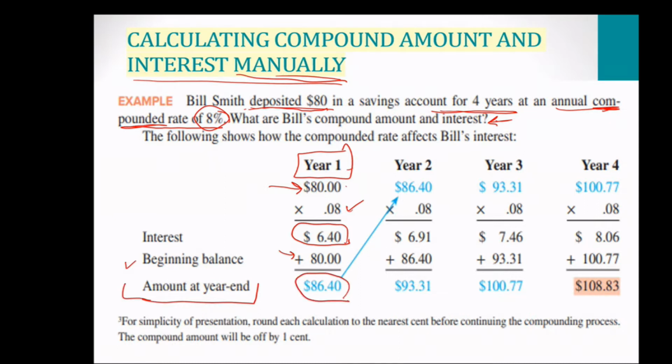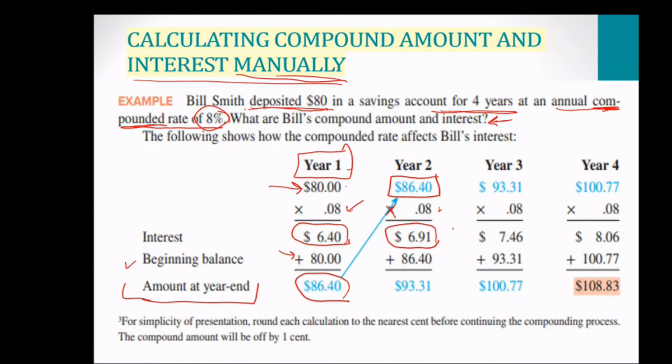$86.4. The second year, or second period, starts with 86.4. I didn't take anything from it, just use the same amount, 86.4. Again, times the rate 0.08, 86.4 times 0.08 will be $6.91.